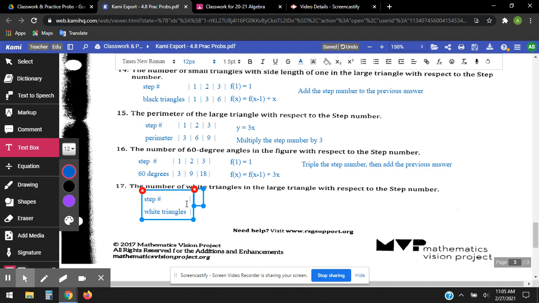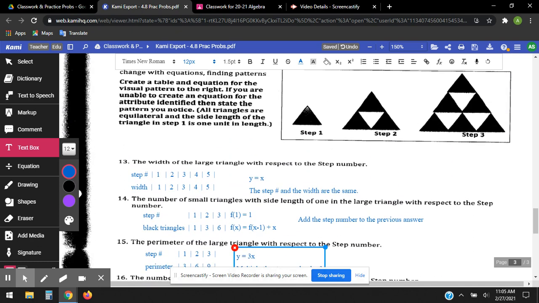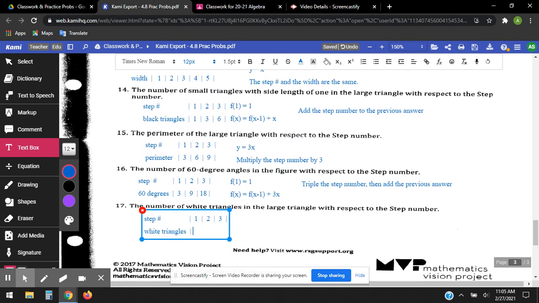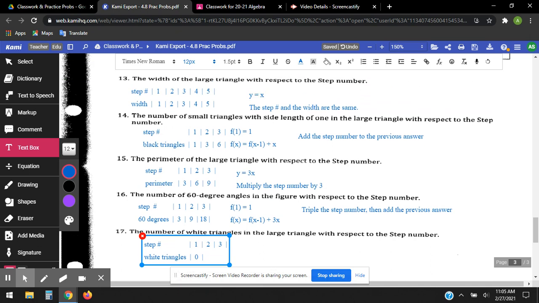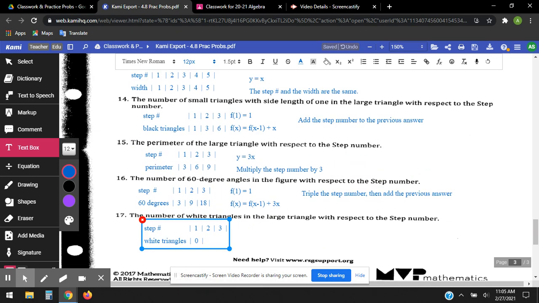Okay, so up here, white triangles. Well, my first one doesn't have any, so that's a 0. My next one has 1. Okay.